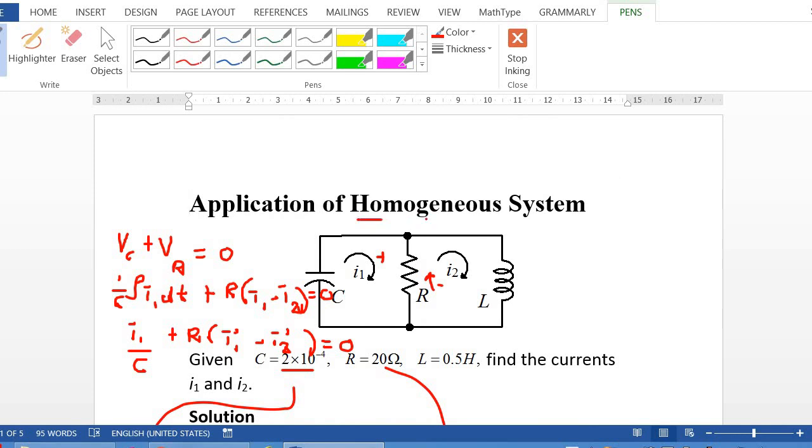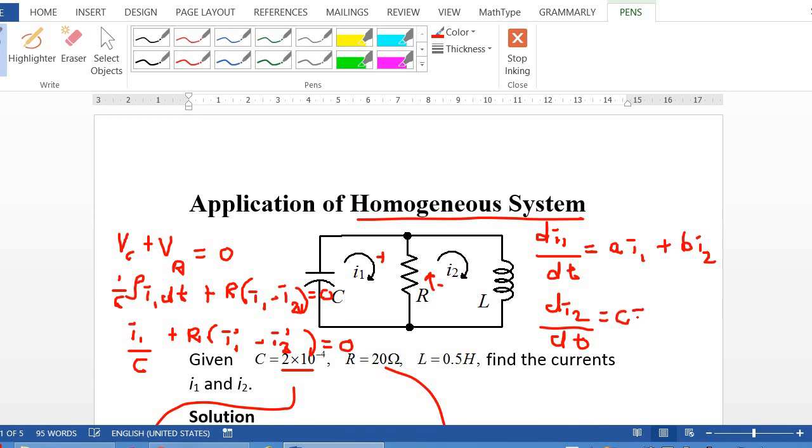Because the homogeneous system is one where we would like to have equations in terms of, let's say, di1/dt equal to A I1 plus B I2, and di2/dt equal to C I1 plus D I2.